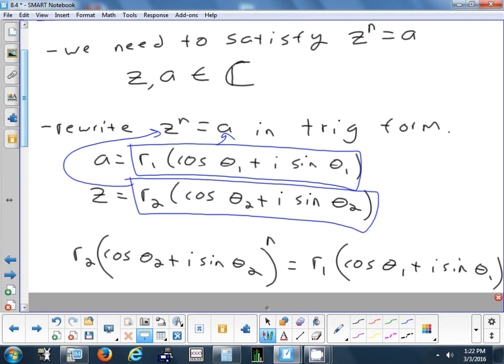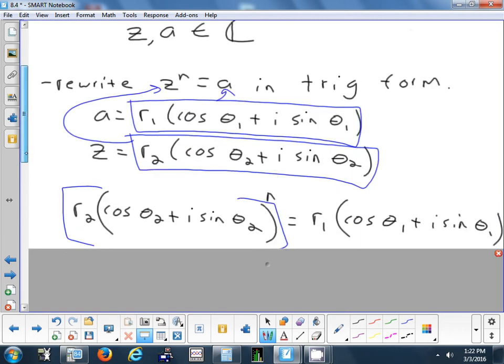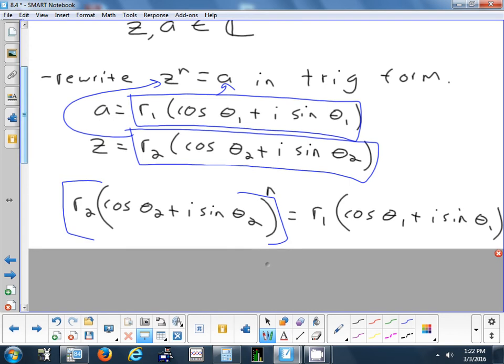Now on the right-hand side, there's not really anything more we're going to do. We're going to have a radius and an angle. But on the left-hand side, I've got a trig number raised to a power. How do I do this part? This is like what we just did. Would the radius be R2 to the n?